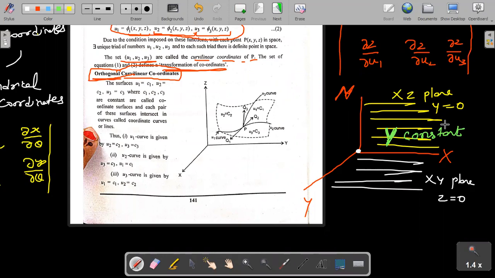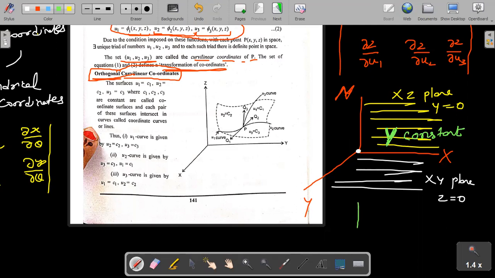But otherwise अगर मैं y को constant भी ले लूं, then also you go back to xz plane. Is it yes or no? Yes, ma'am. On xz plane y is constant, on xy plane z is constant, right? So basically ये तो अपने origin पे plane बना दी, इसलिए ऐसे है.